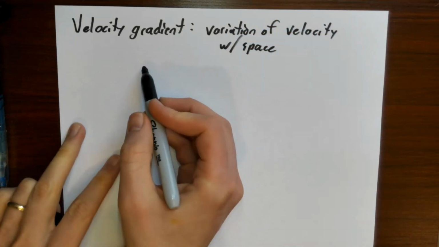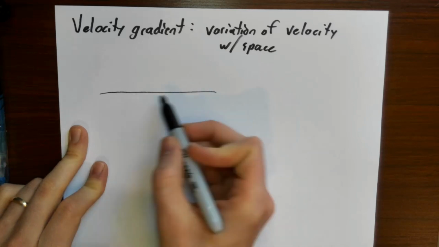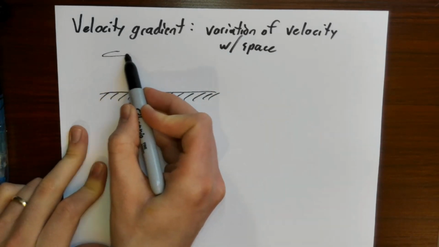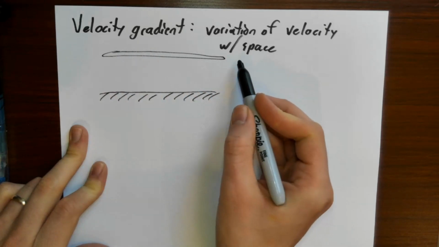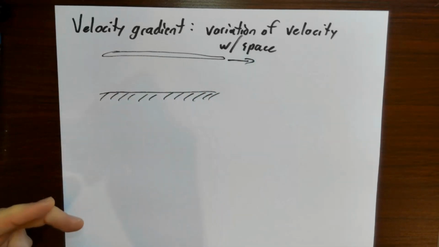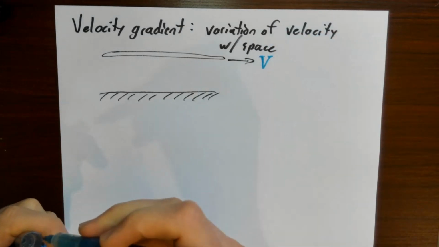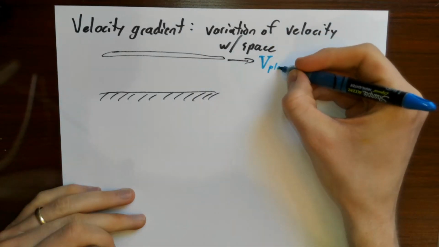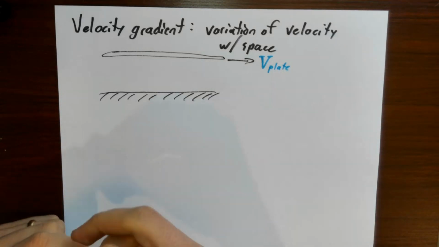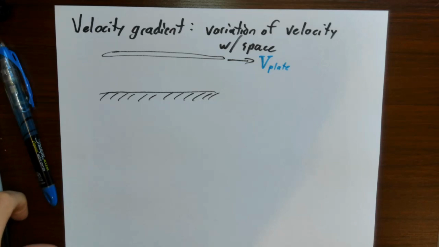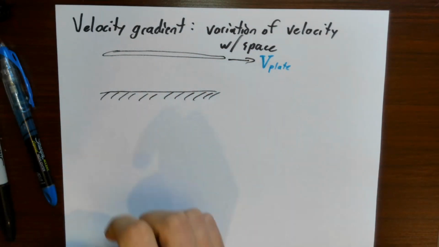Right, so if we anticipate solving this problem where we have, let's say, the ground that's stationary and a plate on top of it that's moving with some velocity, we anticipate spatial variation in all of the fluid that's between them, right?